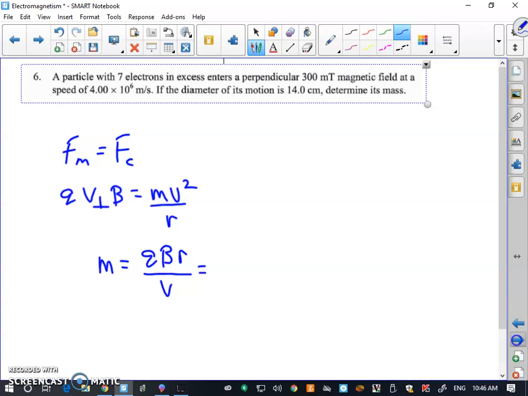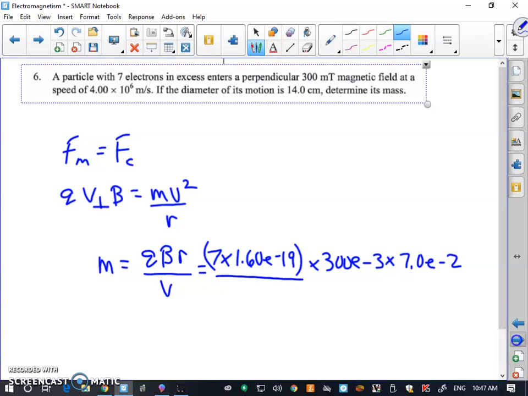Plugging in my stuff. 7 electrons, so the charge is going to be 7 times 1.6 E negative 19. The magnetic field strength, 300 E negative 3. Now the radius here, not the diameter. If the radius is 7 centimeters, then the diameter is 14. So we're going to use 7.0 E negative 2.